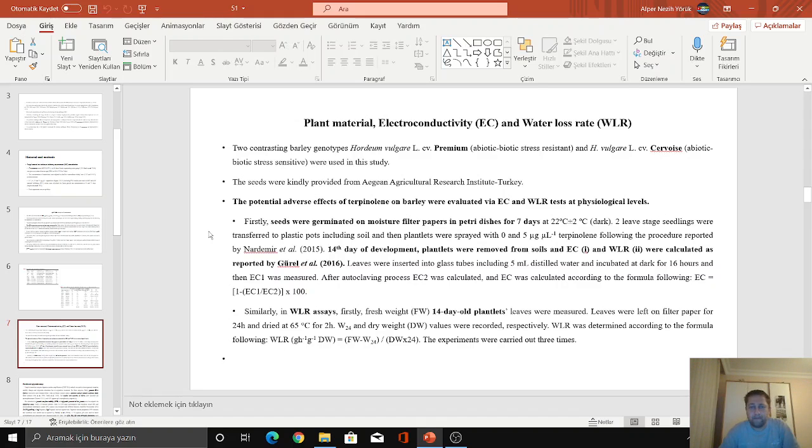Here we see common procedures for obtaining EC1, EC2, and EC values. Additionally, dry weight and fresh weight values were used in obtaining the water loss rate values of 14-day-old plantlets.